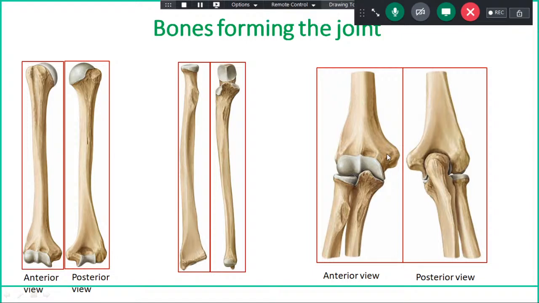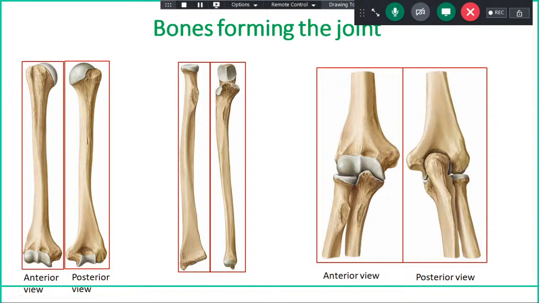So anteriorly you can see, in the lower end of the humerus, this is the medial epicondyle, the lateral epicondyle. These are the two fossas. This is the coronoid fossa, this is the radial fossa. These are the off-white colored, they are the articulating surfaces.